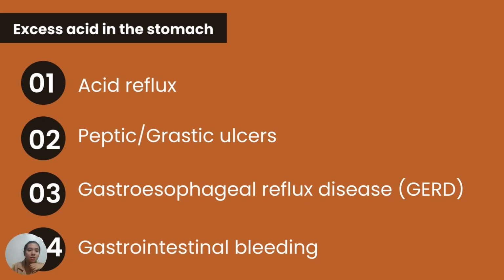Next is gastroesophageal reflux disease, or what we know as GERD. So GERD is a condition in which stomach acid repeatedly flows back up into your esophagus. Acid reflux is similar, but it just happens once or twice, while GERD happens repeatedly, and you're going to feel the pain in your tummy.